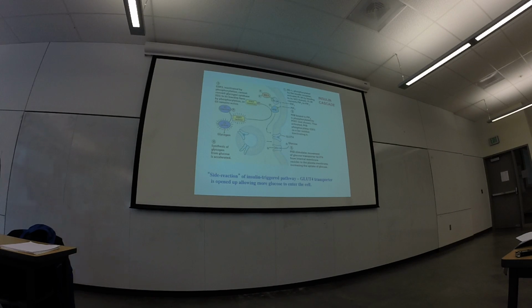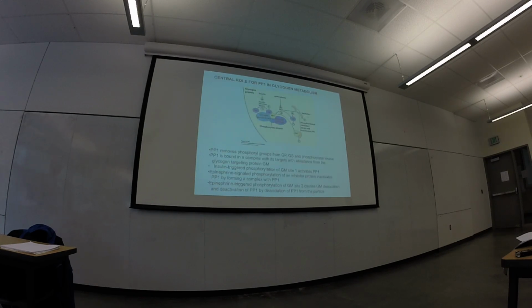In that insulin cascade, a side reaction is that the PKB kinase, which is phosphorylating GSK3, also has a side reaction to help the receptor in the membrane take in more glucose. So that's kind of just reinforcing.